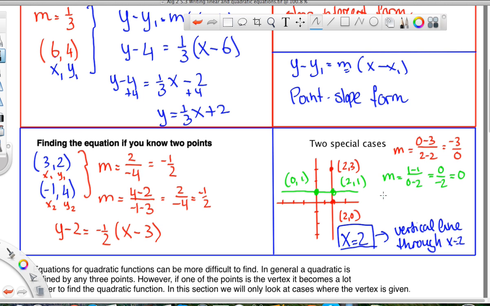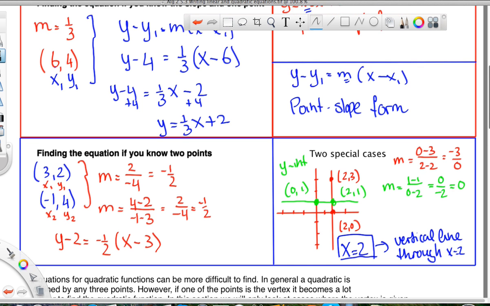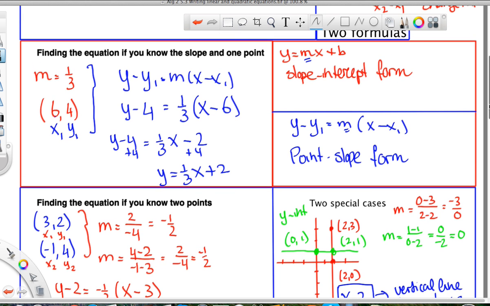Well then, you can actually plug this one in, because we do have a y-intercept over here as well. If you have a y-intercept and you have a slope of 0, and we use the slope-intercept form of the line, then it says y equals 0 times x plus the y-intercept.